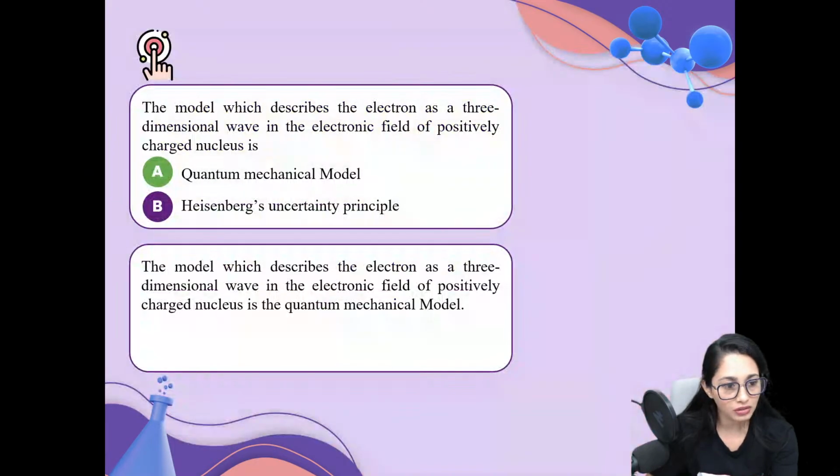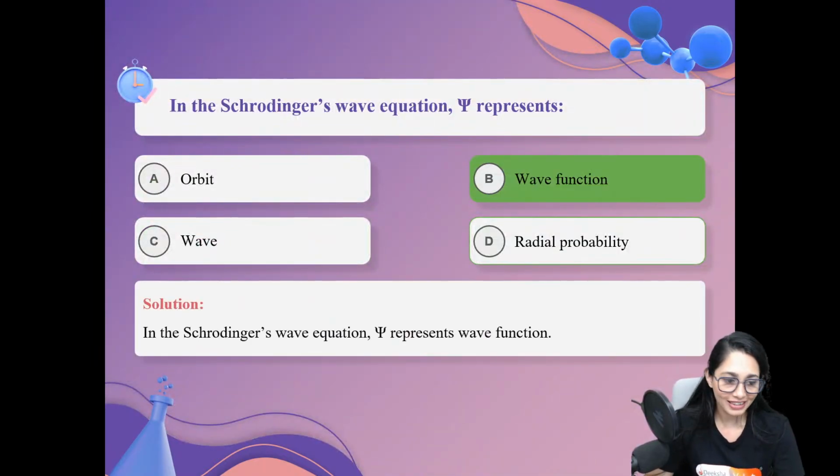Is it B option? For the previous one it is A option. Yeah, for this question, it's option B, wave function. Absolutely right.